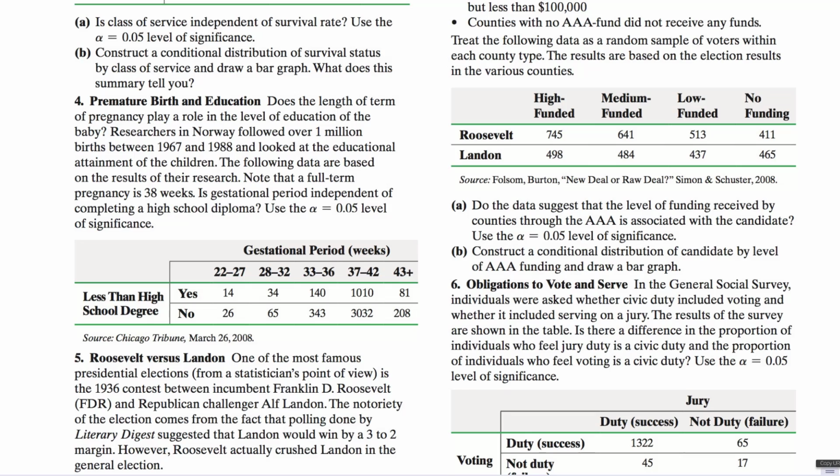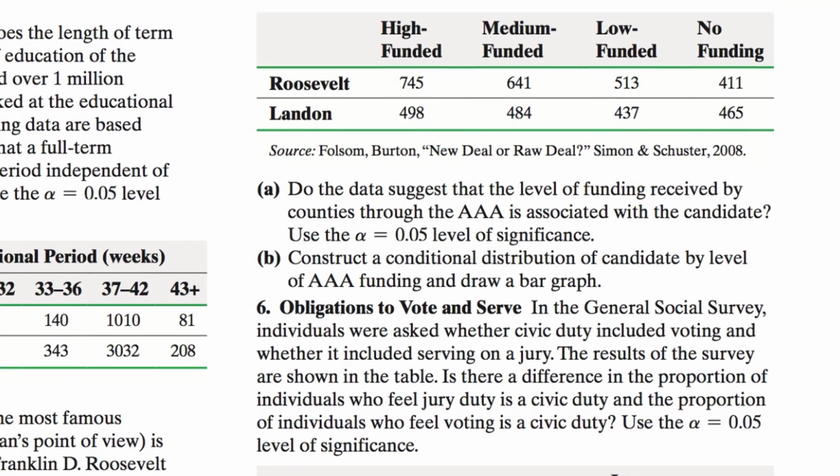Part B is asking that we construct a conditional distribution of candidate by level of funding. And so if you remember from chapter 4, what that means is that they want us to use the column sums as the denominators and actually look at the proportions in the individual cells. Now, it also says that we should draw a bar graph, but to be direct, we don't require it for this class, because with our graphing calculator, we really don't have any kind of an easy way of coming up with that type of a bar graph.